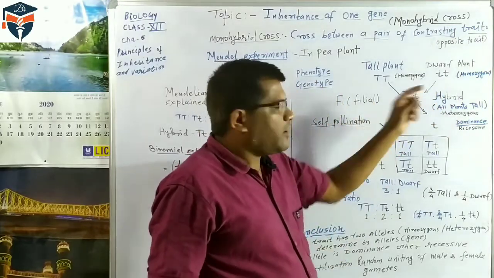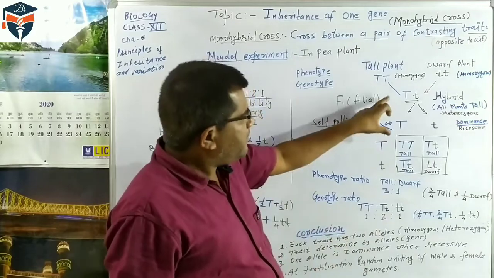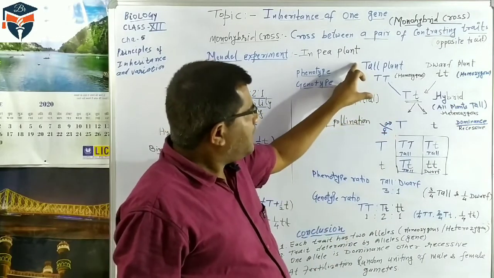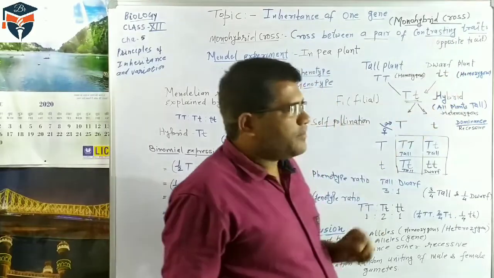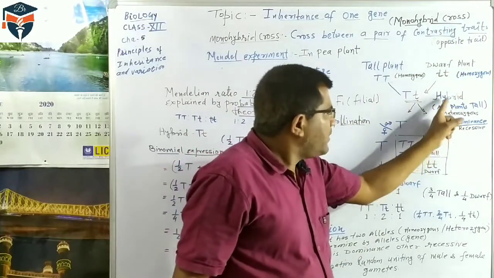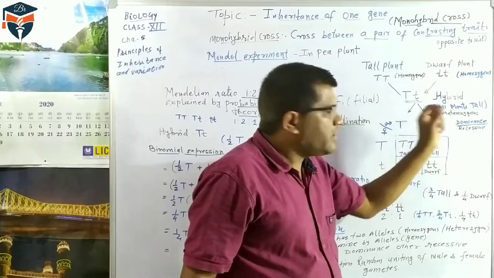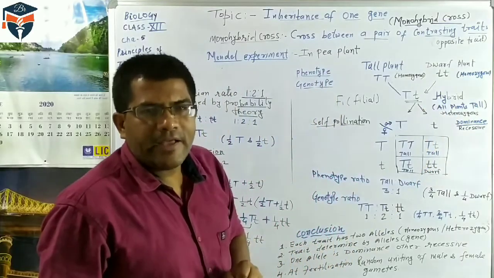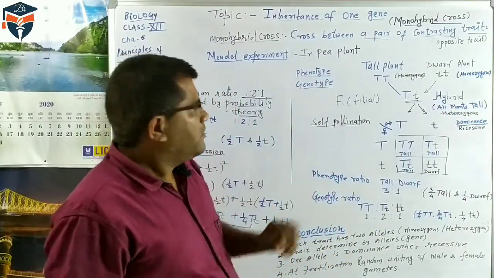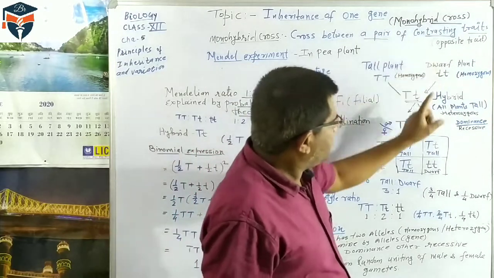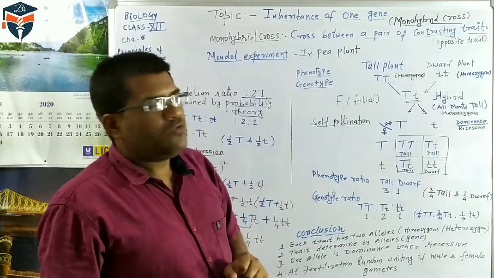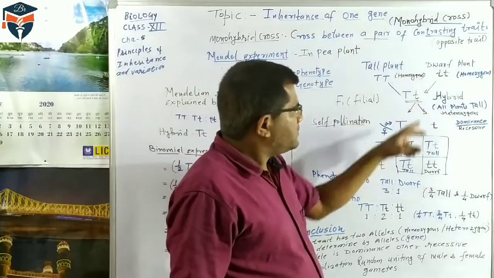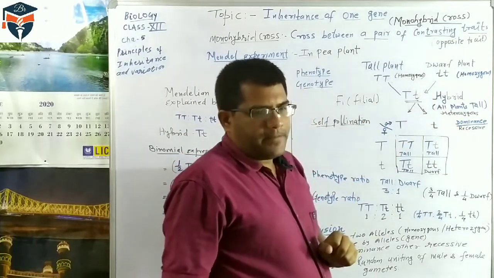So a hybrid is obtained, having one allele of the tall plant and another allele of the dwarf plant. This is heterozygous because it has two different types of alleles. The parents were homozygous, but the hybrid which we obtain is heterozygous.